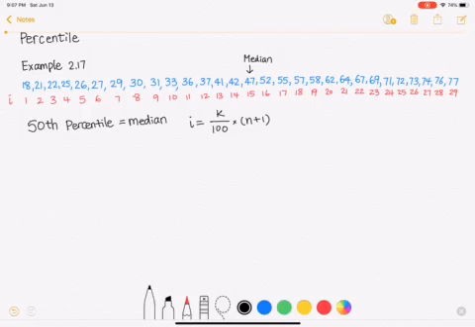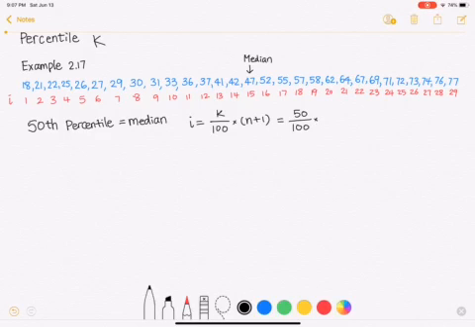So how do we find the 50th percentile? First, we know the k. k is the percentile, right here it is 50. You divide it by 100. Now you can think of it as 0.5. The whole fraction is 0.5.